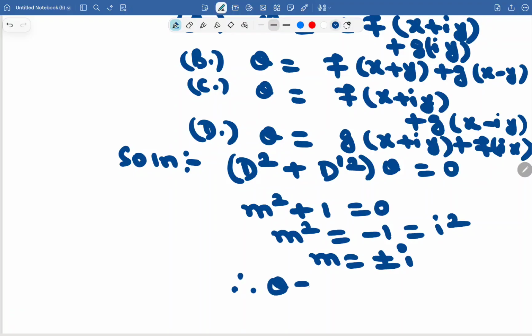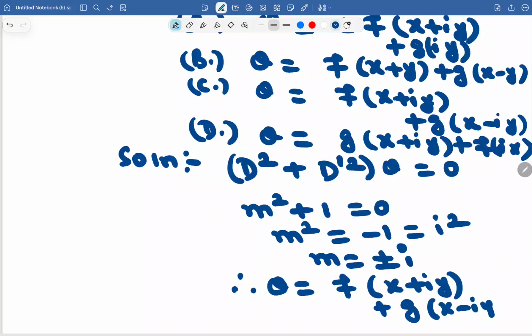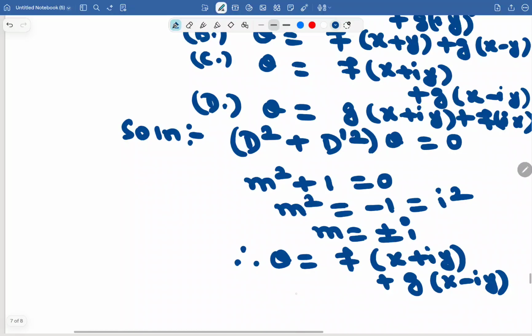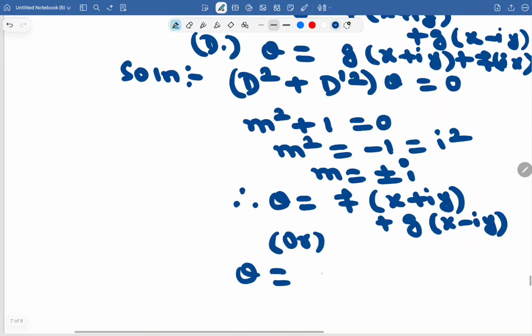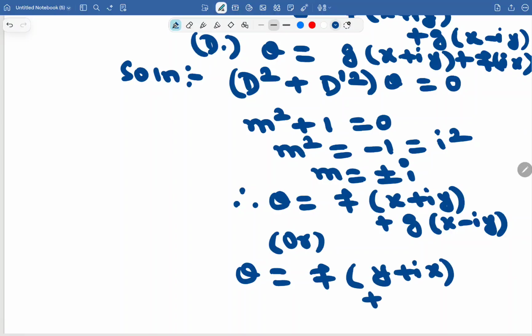Therefore, complementary function theta equal to either write in the form of f of x plus iy plus g of x minus iy, or theta equivalent to f of y plus ix plus g of y minus ix.